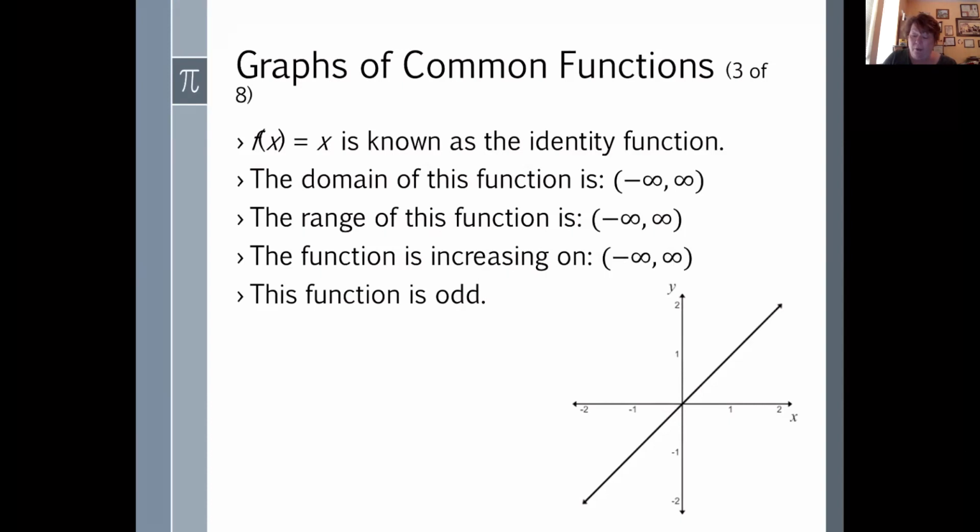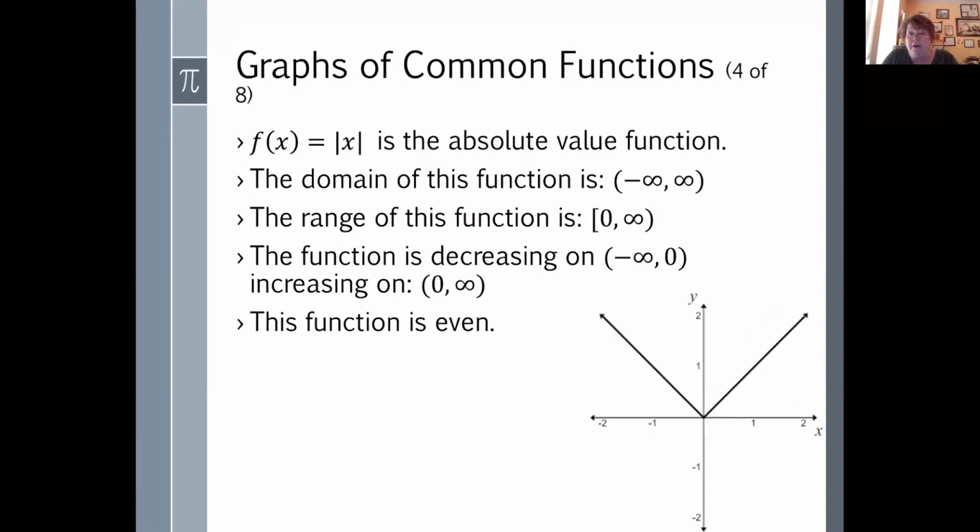So if I have a point (1, 1) on the graph of my identity function, if I input 1, I output 1. If I input -1, I should output -1. So there should be a point (-1, -1) also on the graph. So this function is symmetric with respect to the origin, so it is an odd function.